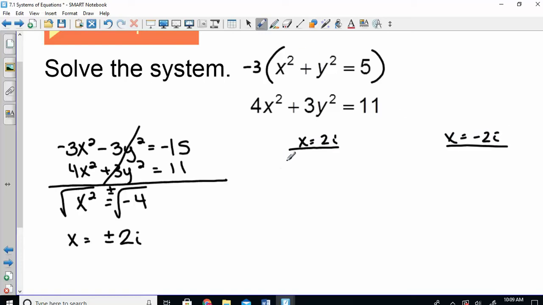So now we have to plug each of those in to figure out the y. So if we plug in a 2i, squared. So 2 squared is 4 times negative 1, so it's just negative 4.